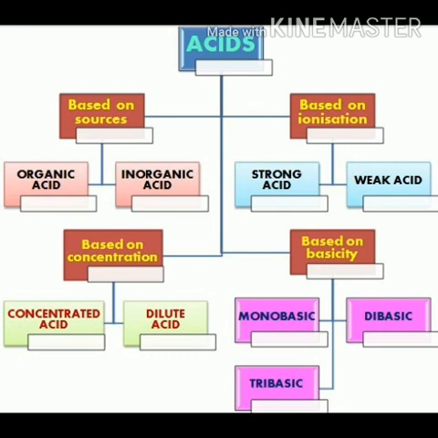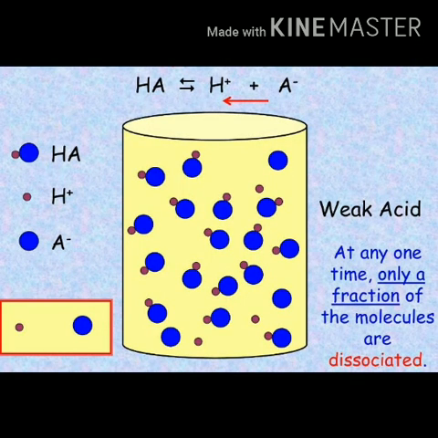Next category is based on ionization. Here we get strong acid and weak acid. So how do we identify that? See, in the diagram you can get HA. H is the replaceable hydrogen of the acid and HA is the acid, where A minus is the blue dot and red dot is H plus.